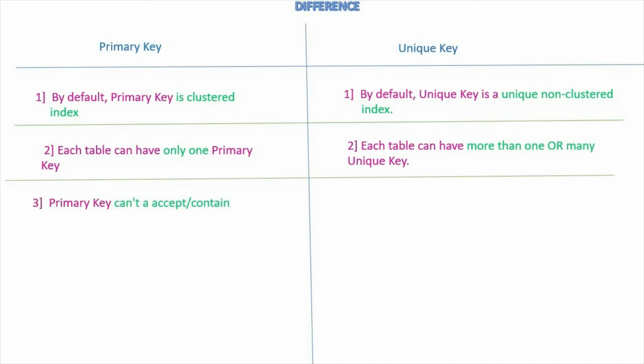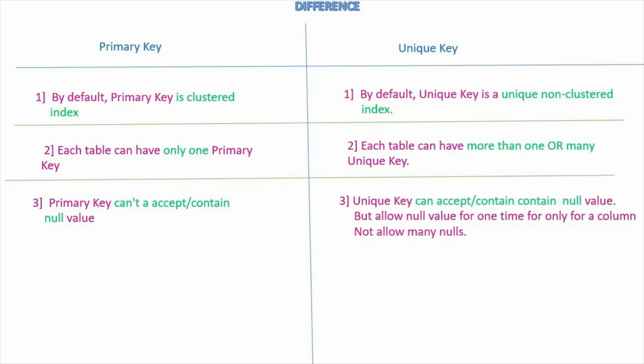Primary key can't contain a null value. Unique key can contain a null value, but allows only one null value in a column, not many.